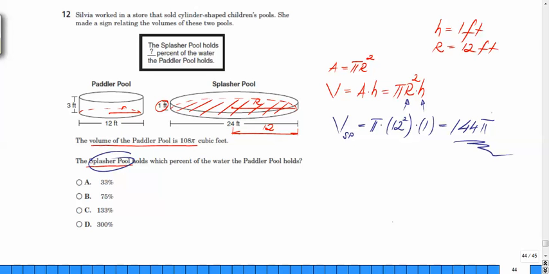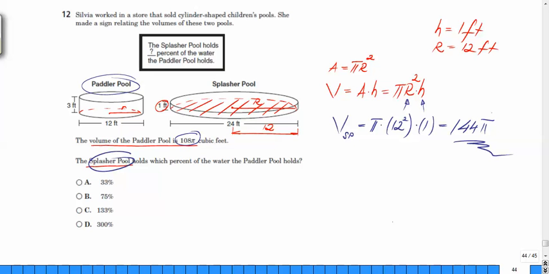Now the problem is asking you to find what percent of the water in the paddler pool the splasher pool holds. Which means that you will consider the paddler pool as being the 100%. So 100% is your 108 pi.